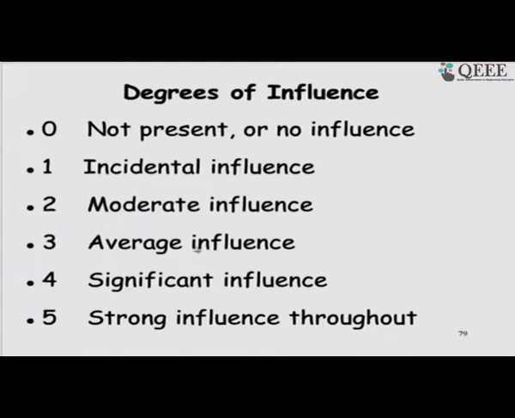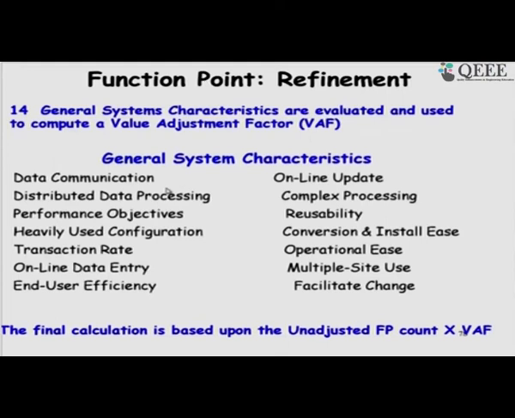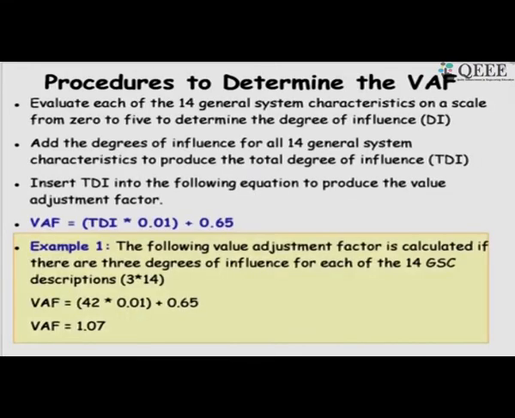So, if you can see the data communication requirement, whether there is distributed processing, transaction rate, reusability, etc., all we made average, and in that case the value adjustment factor will become 1.07. So, 0.65 plus 0.42, which is 1.07.